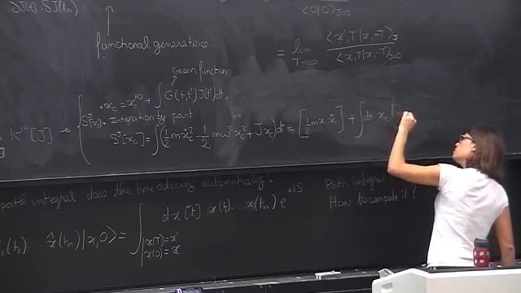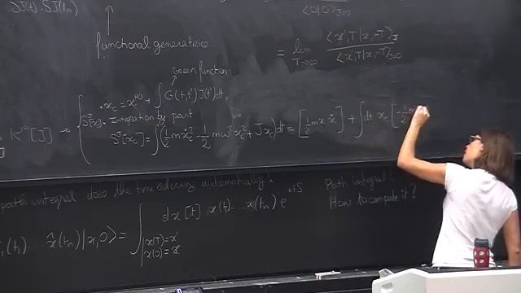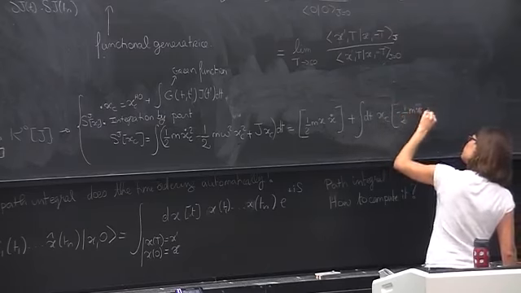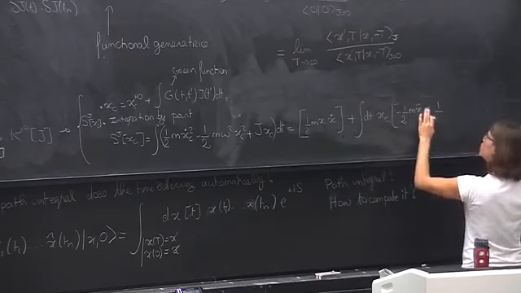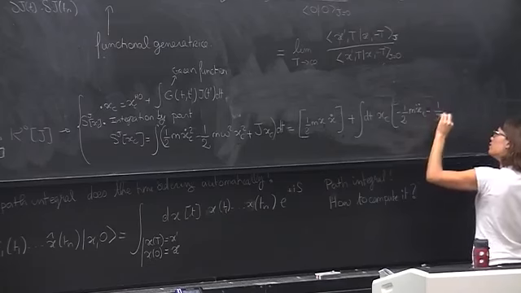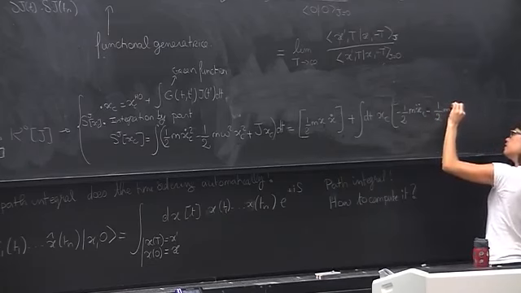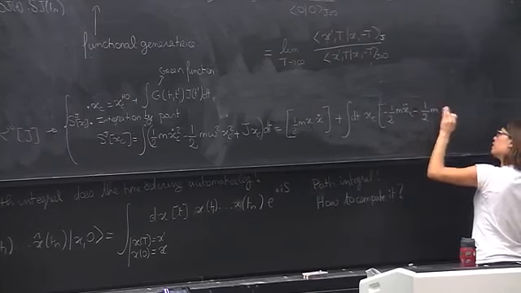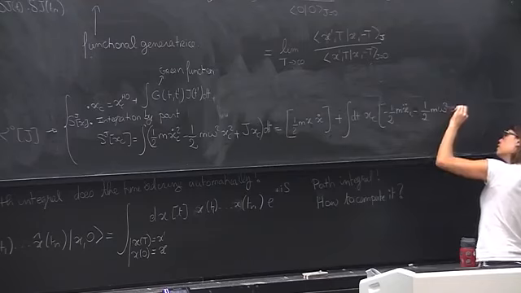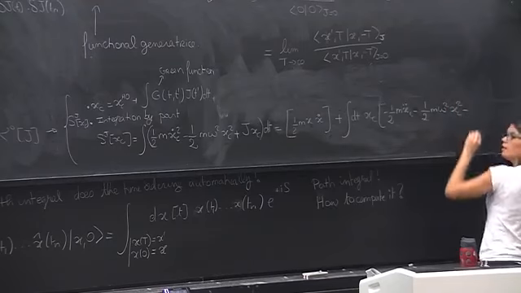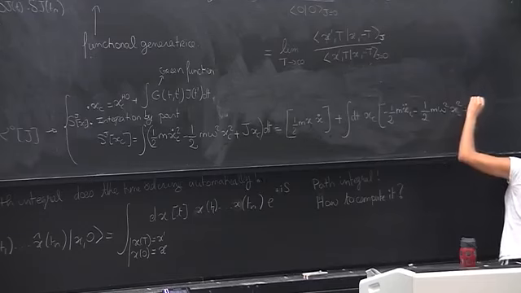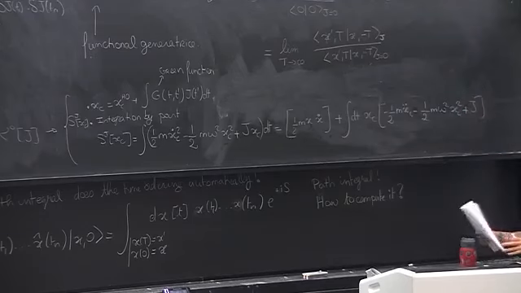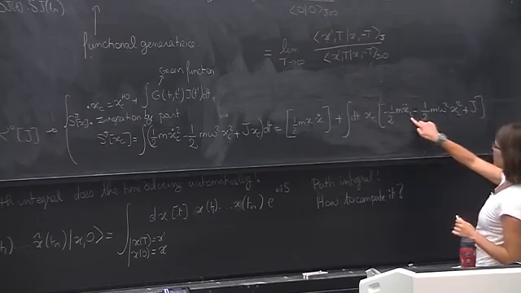And this is going to be minus 1/2 plus minus 1/2 of m x, omega squared x_c squared plus g.